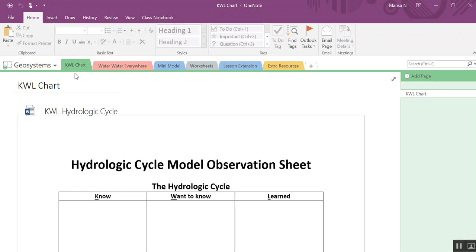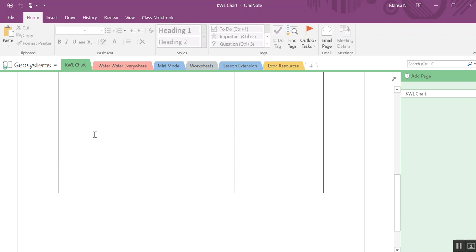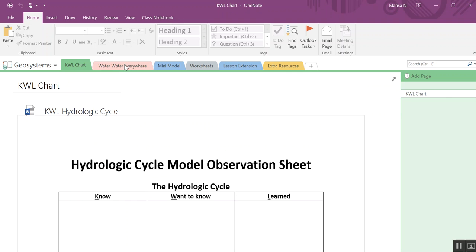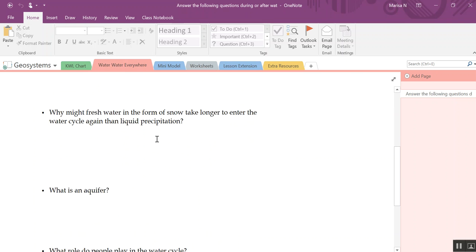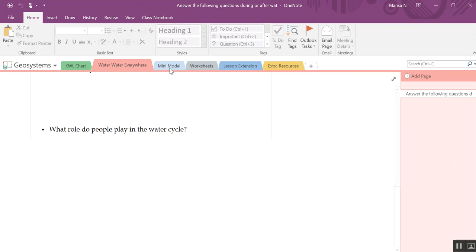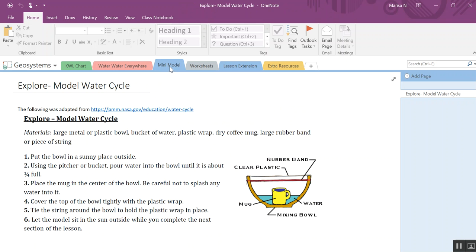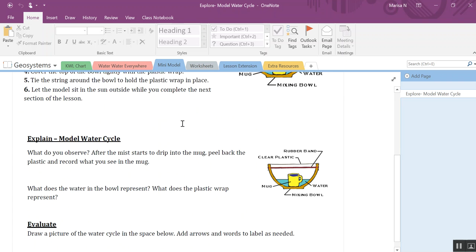Our KWL chart is the first thing students see and need to fill out during our class discussion. Next, we have the questions for students to answer on the video Water, Water Everywhere. Mini model instructions are provided on the next tab for students to follow, but print copies will also be available for group members to refer to, and discussion questions are provided at the bottom as well.